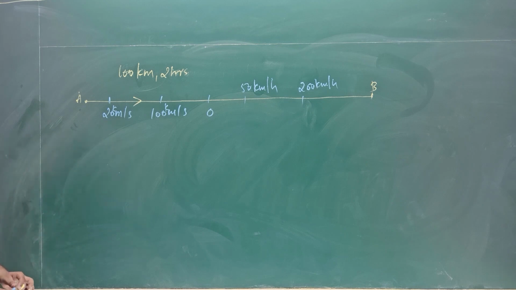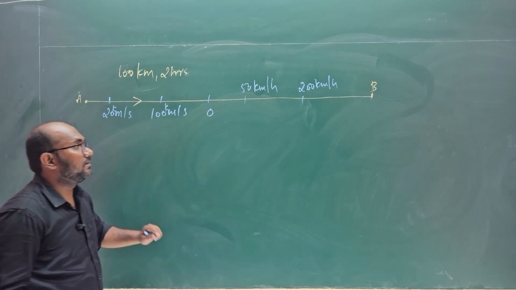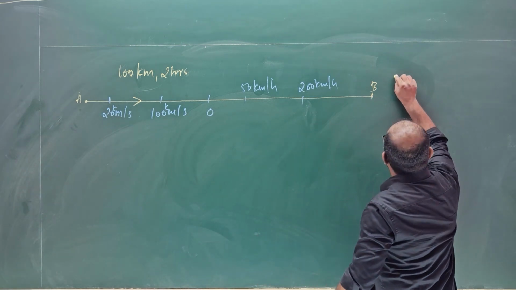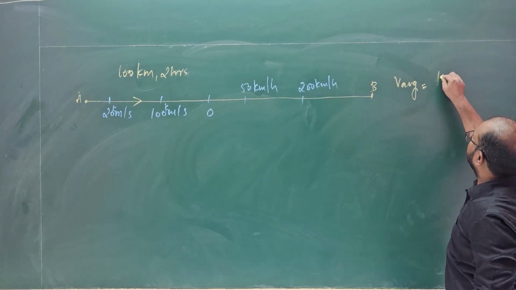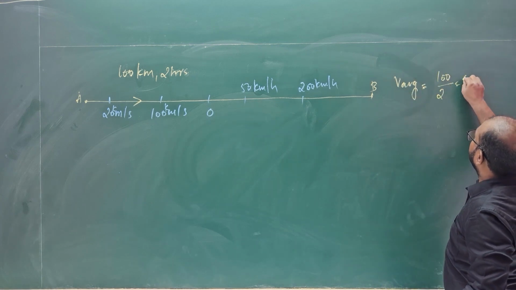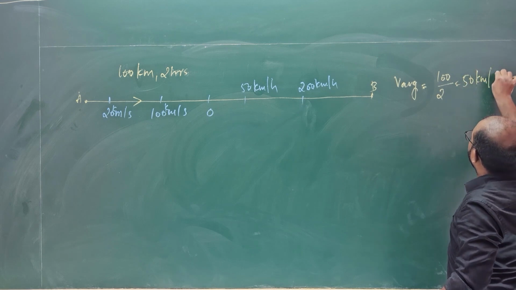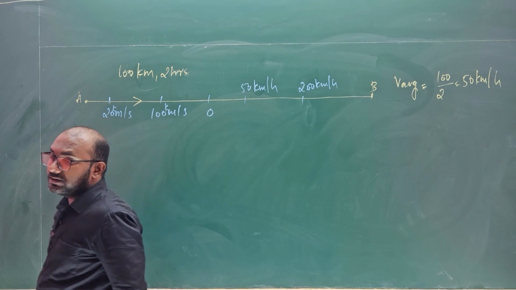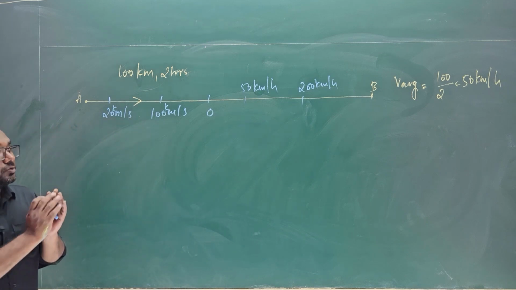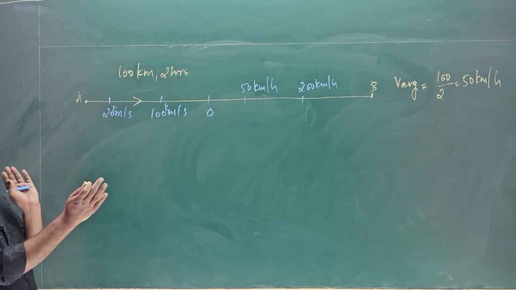Now, first let us calculate the average speed. So V average is nothing but total distance upon total time, that is 100 upon 2, that is 50 km per hour. This average of 50 km per hour is throughout the journey. Yes or no?